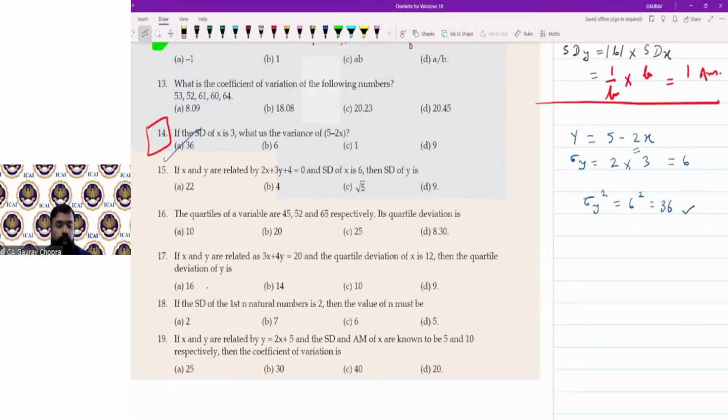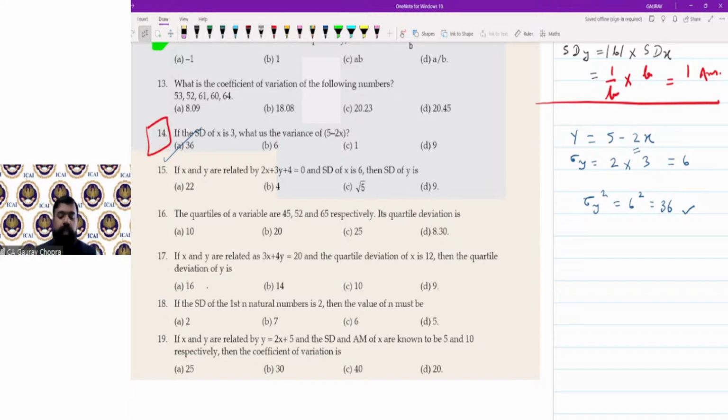Now let's try one more. The 15th one, question number 15. X and y are related by 2x plus 3y plus 4 equal to 0. Standard deviation of x is 6. Find out the standard deviation of y.